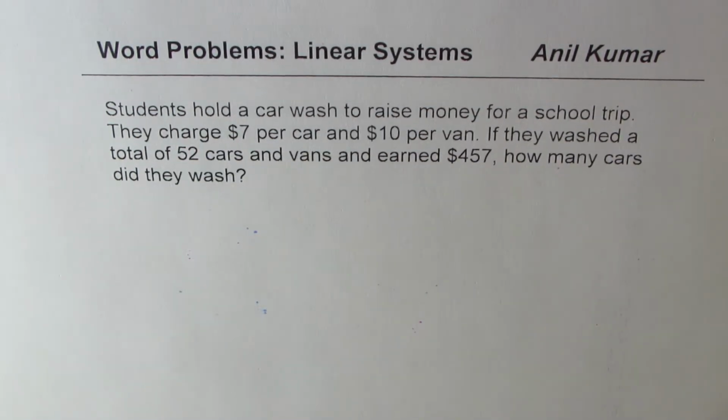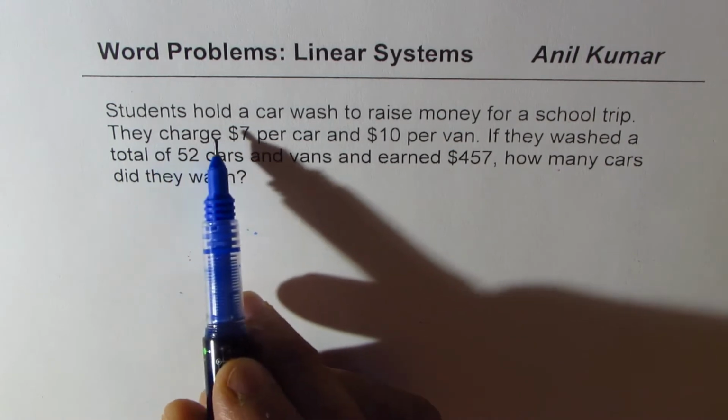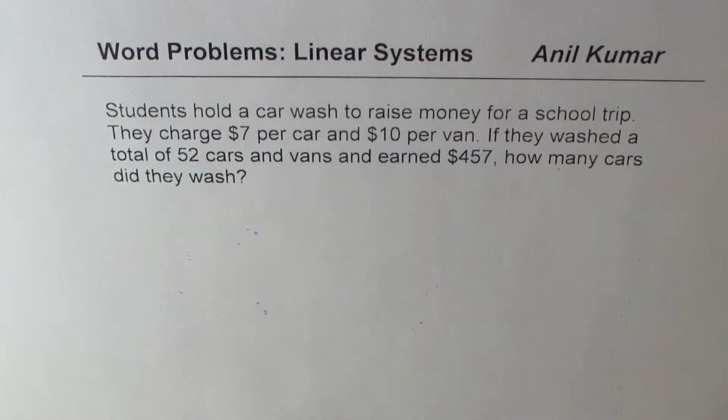Here is the next question. You can always take a break in between and then begin. The question here is, students hold a car wash to raise money for a school trip. They charge $7 per car and $10 per van. If they washed a total of 52 cars and vans and earned $457, how many cars did they wash?